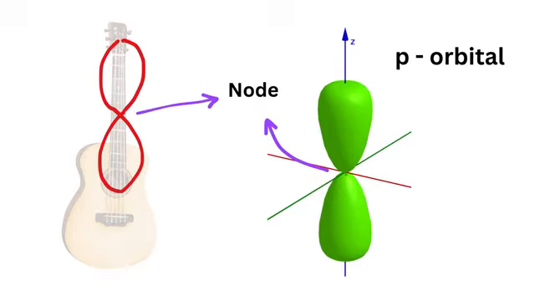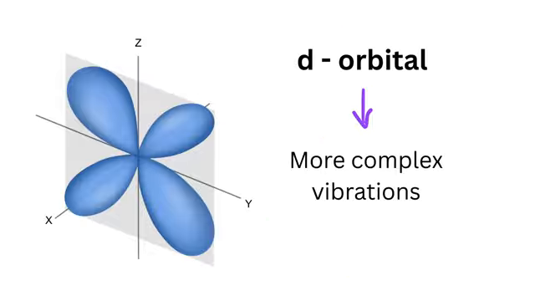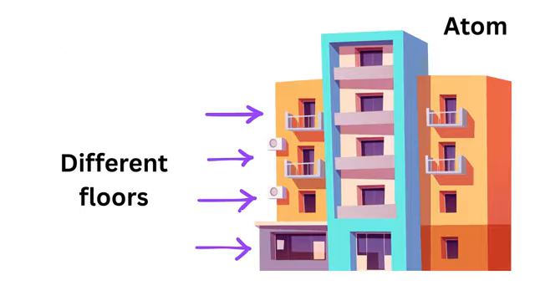The node is the point, or a plane, where the wave amplitude is zero, meaning the electron wave never exists there. The more complex the vibration, the more complex the shape of the orbital. Now, each set of rooms belongs to a particular floor of the house. This floor number is what we call the n state, or principal energy level.